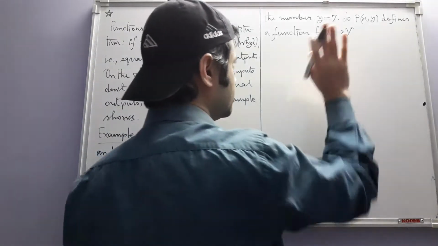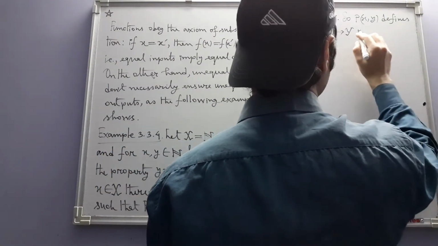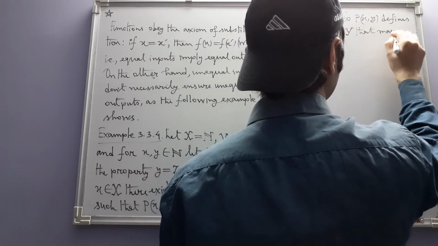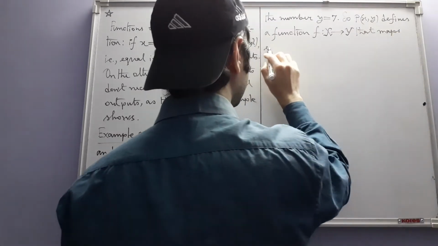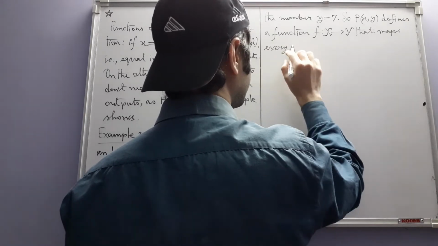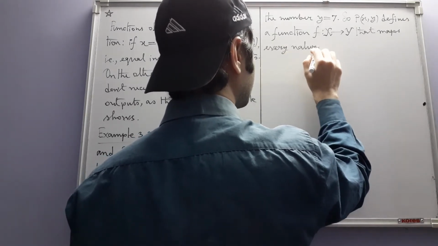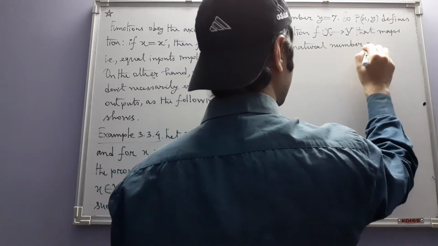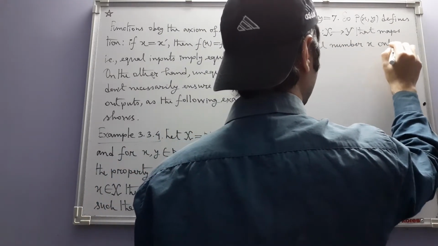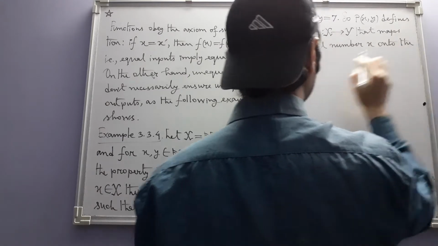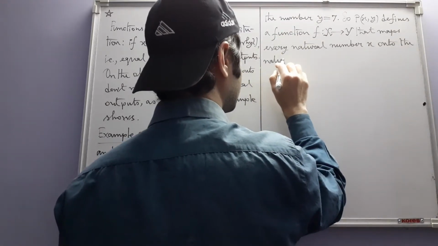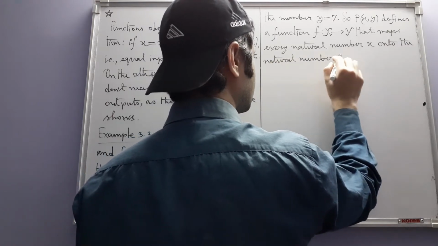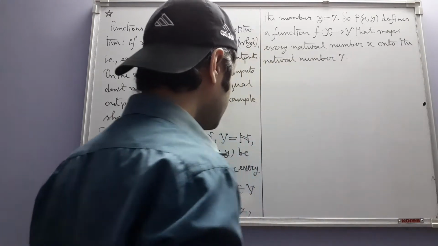So we write it in this way: X to Y, that maps every natural number x onto the natural number seven.